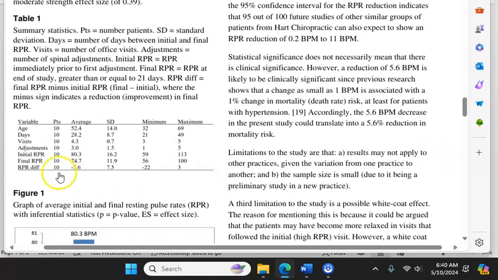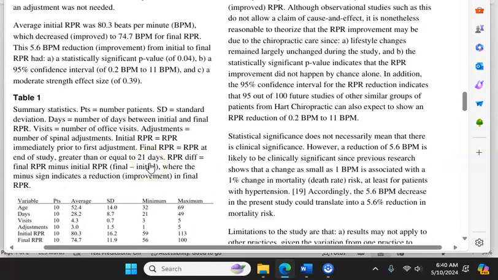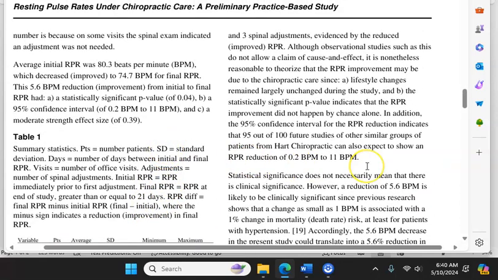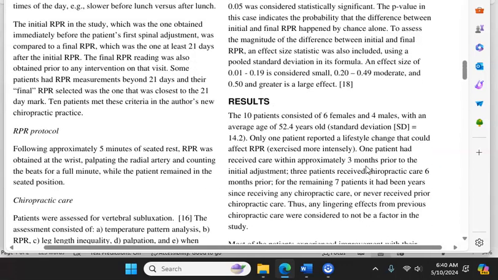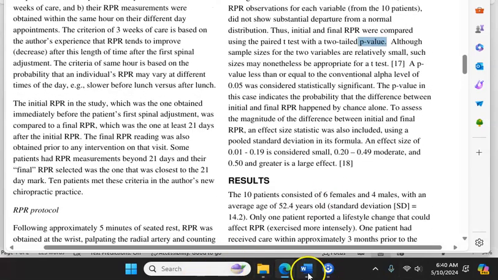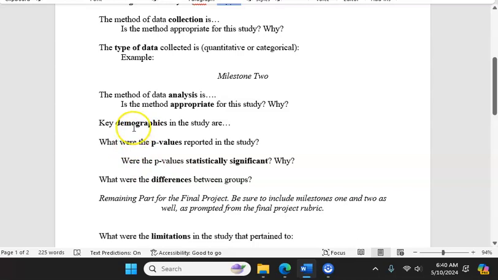What else? Consecutively selected patients. So that's the demographics, gender, age, race, if that's mentioned in the paper.